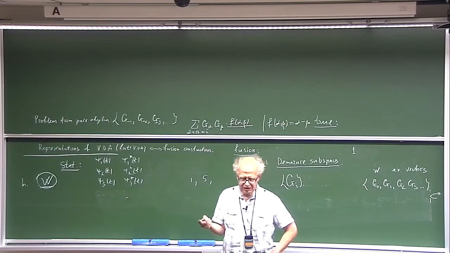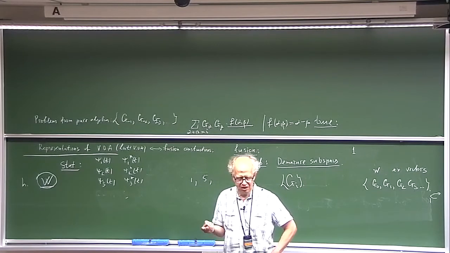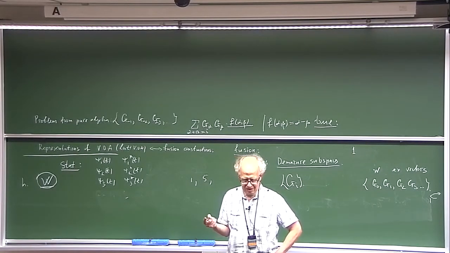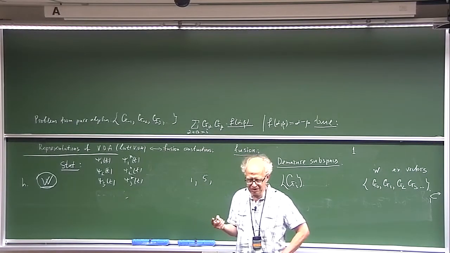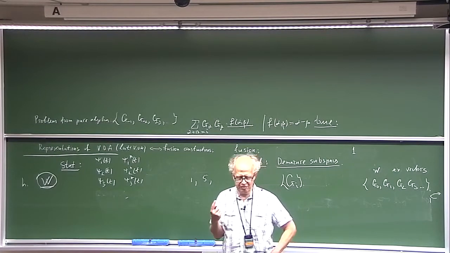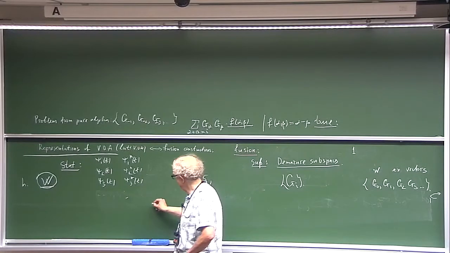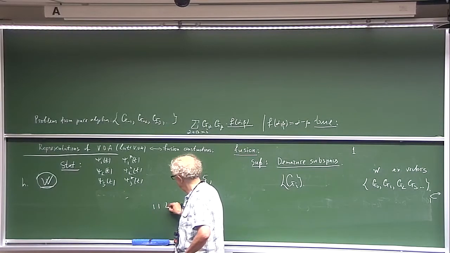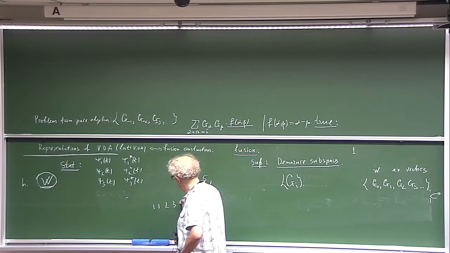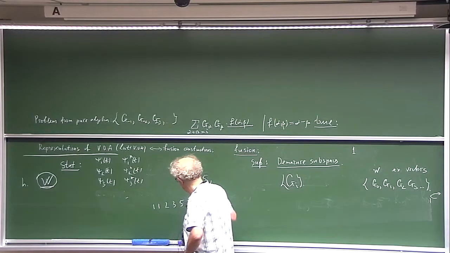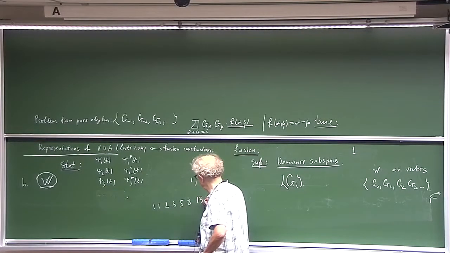But at the end of the previous lecture, we had something equal to Fibonacci numbers. And these Fibonacci numbers, what were they? 1, 1, 2, 3, 5, 8, then 13, then 21.